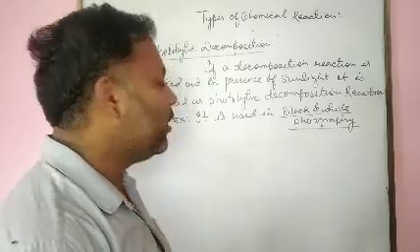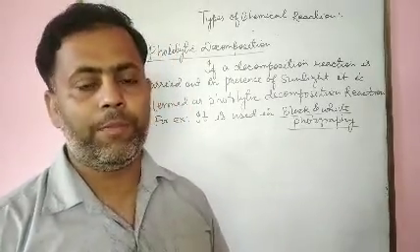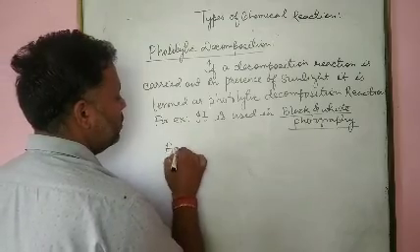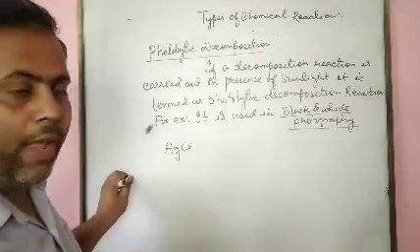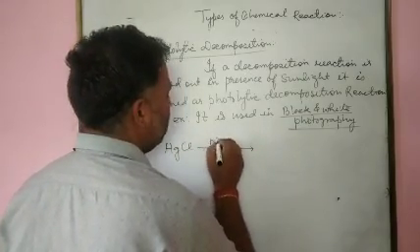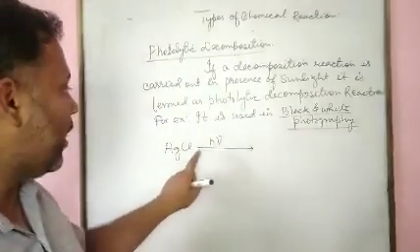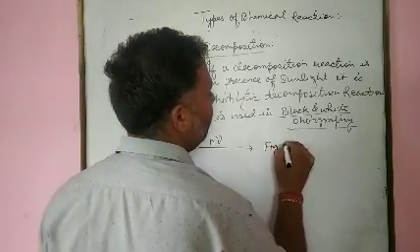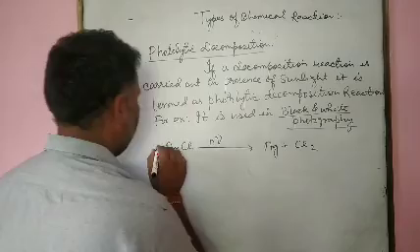For example, in black and white photography, we use silver chloride, AgCl. When sunlight falls over it, it is broken down into Ag plus Cl. That is balanced.